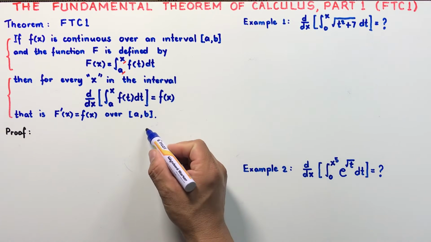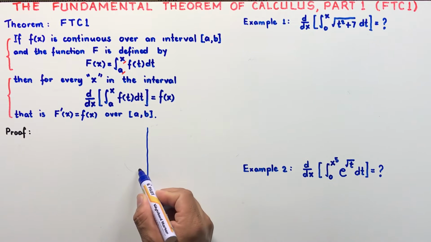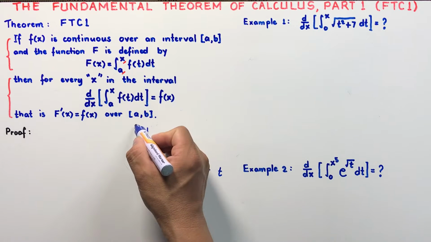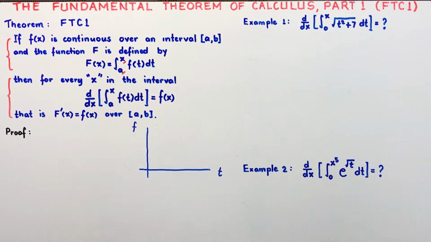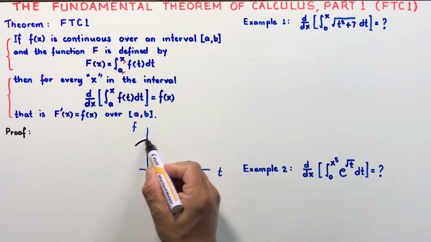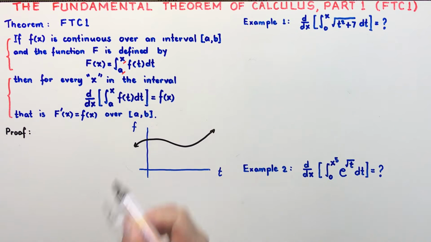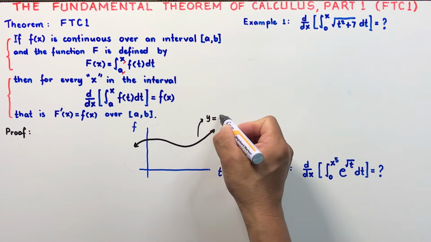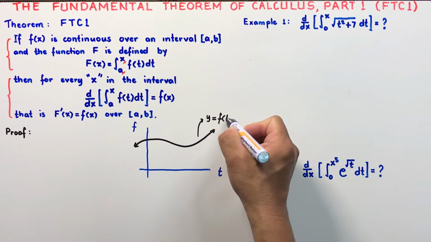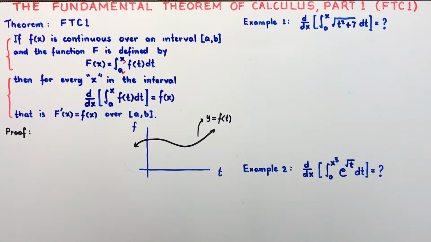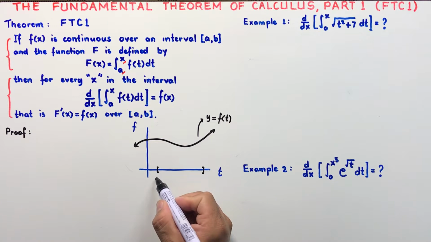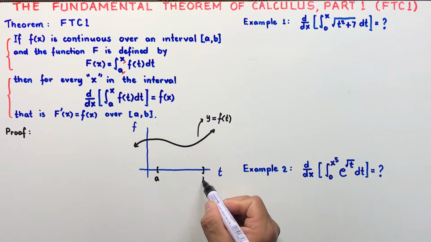Now, in a drawing, we see here that suppose this is the t-axis and this is our small f axis, then the small f function is this one. So this is our y, which is equal to small f of t here. And according to this theorem, this function f is continuous over an interval from a to b.